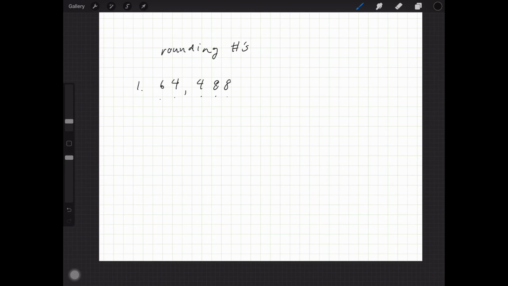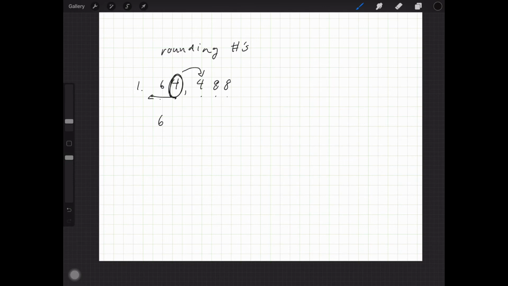So first thing it says round to the nearest 1,000, which is right here. But anything above that we know will stay the same. So just bring the 6 down because it is above that and it will stay the same. When we're rounding, you want to take the thousands house, but look at the number before it.